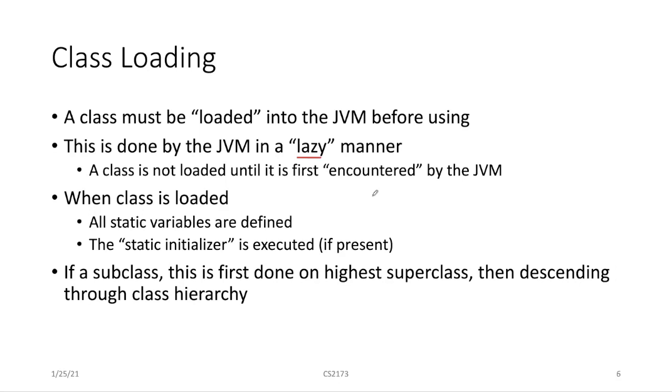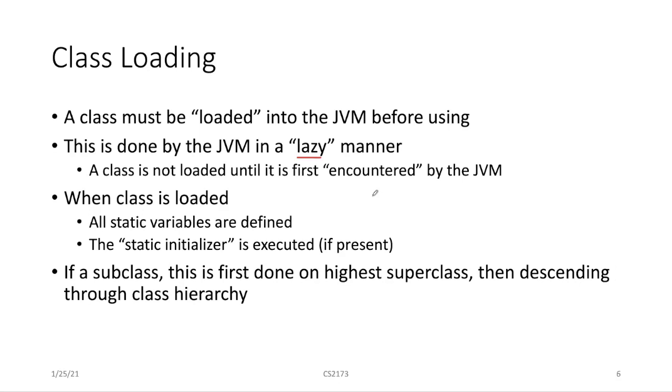If there's a particular class that isn't being used, the virtual machine doesn't even load it. It'll encounter a variable that's been defined of a particular class, and when that happens, the first thing it does is find that class and load it.